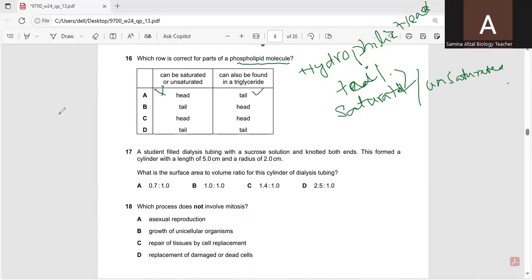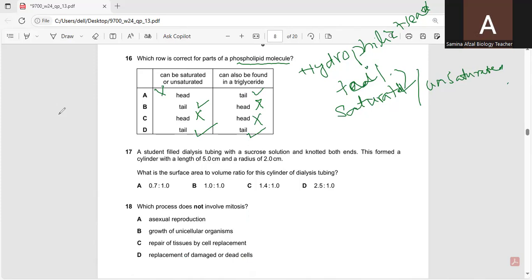Yes. And then we move towards the row tail, yes, it can also be found in a tail, but the head will not. So again, a saturated head will not. Tail can be saturated or unsaturated and can also be found in triglycerides.